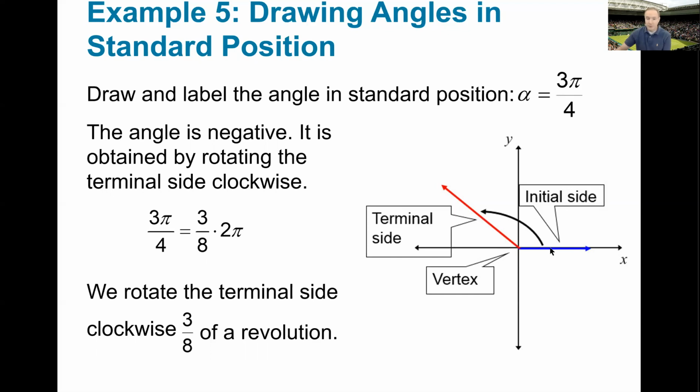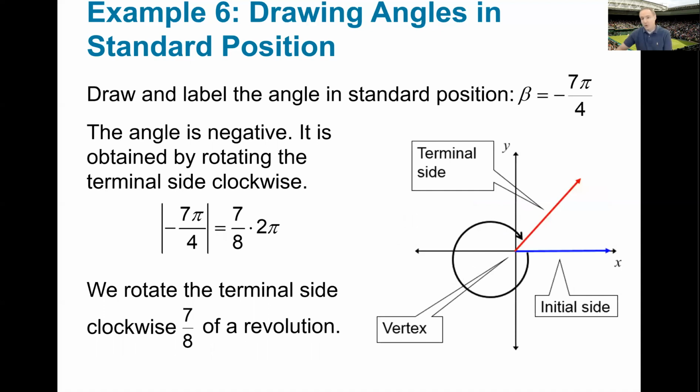What if it said 4 pi over 4? You'd have a straight line, the positive x and negative x-axis. 5 pi over 4, the terminal side would be in quadrant 3, splitting this. 6 pi over 4 is the same thing as 3 pi over 2. It'd be straight down. And then finally, 7 pi over 4 would be splitting quadrant 4 over here, and your angle would be this initial side.